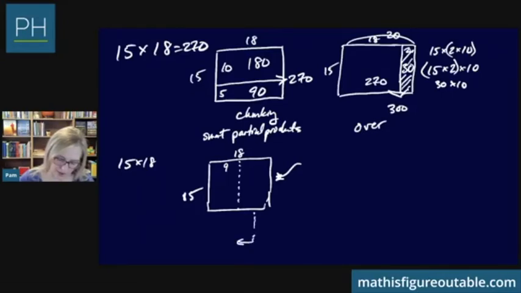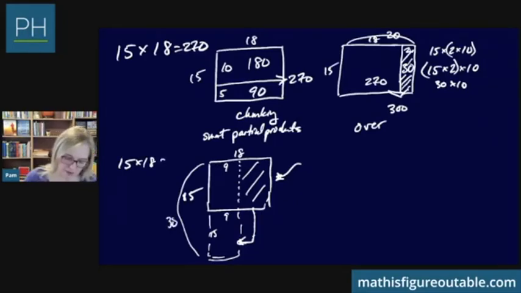So I take this half and tuck it down under here. What would I end up with if I moved this half down over here? That'd be another 15 by 9, and so would I have a total of 30 by 9? Are you saying, Kim, that 15 by 18 is equivalent to 30 by 9? Ooh, nice. And then could we do some nice associative property stuff to talk about what 30 by 9 is?